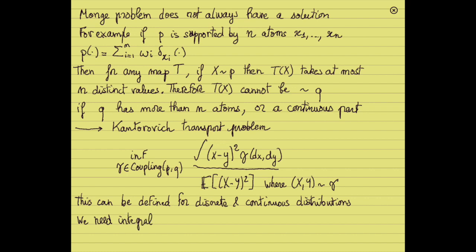Of course, note also that the objective itself takes non-negative values, so it's lower bounded by 0. We do need conditions on the variables. In particular, we need the integral to be finite, and that means typically moment conditions on the distributions P and Q. We'll see that again a bit later.